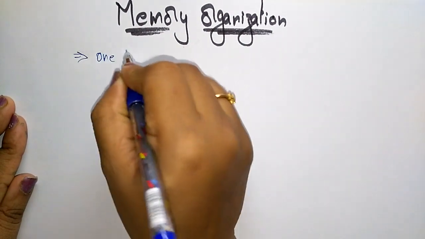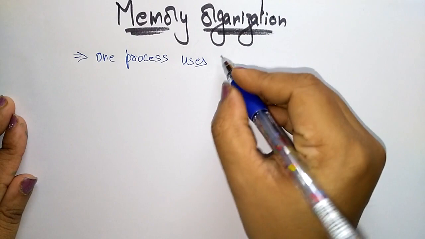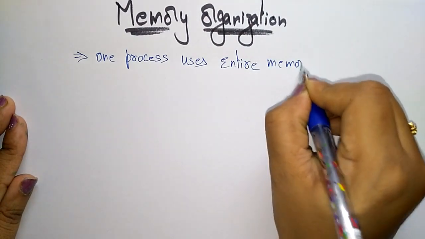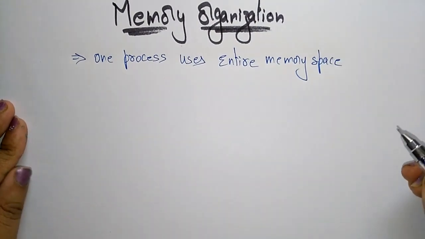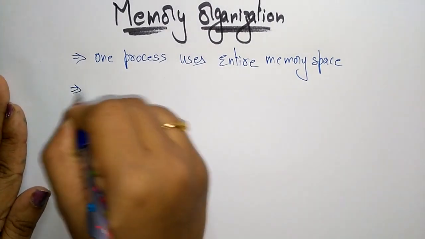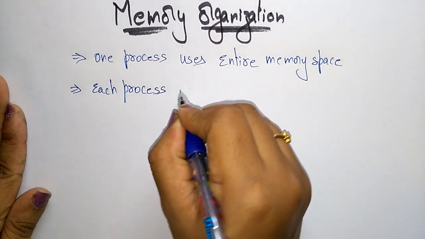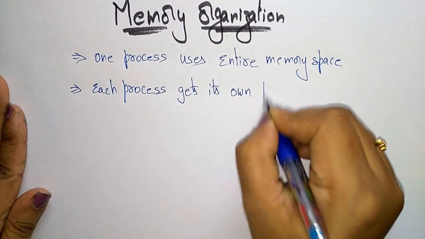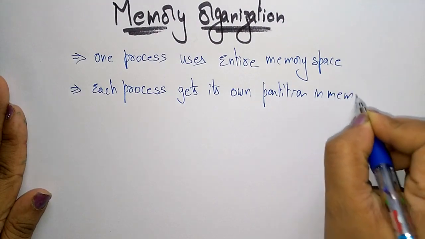One process uses the entire memory space, or else each process gets its own partition in memory.